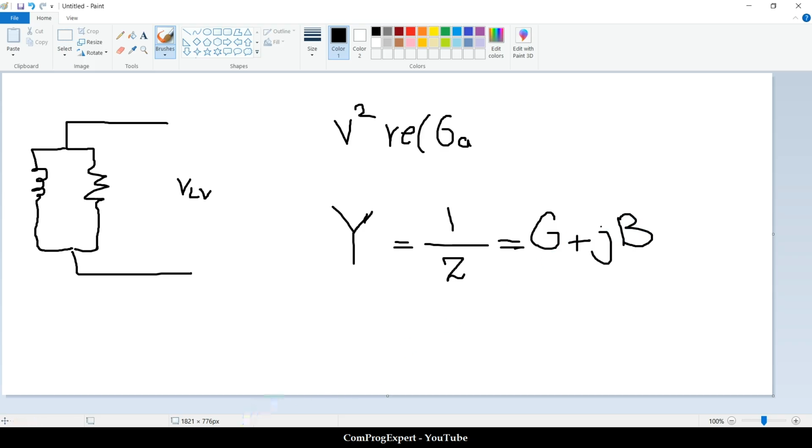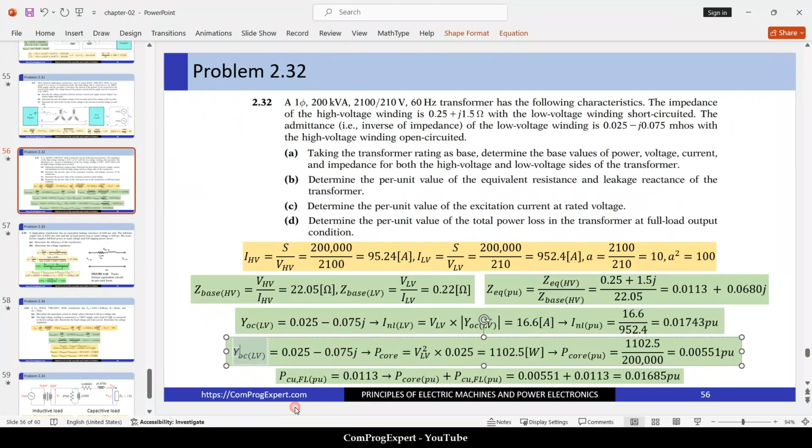So the loss for this resistance is V squared times the conductance, the real part of the admittance. Here I used this equation to calculate the core loss, with low voltage squared times the conductance. So this is the per unit value of the iron loss.